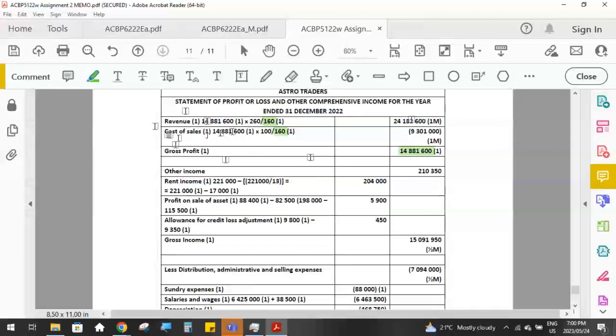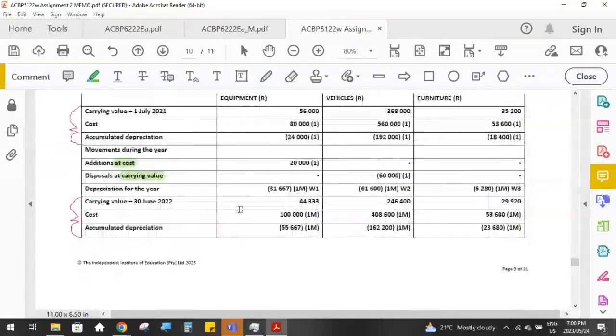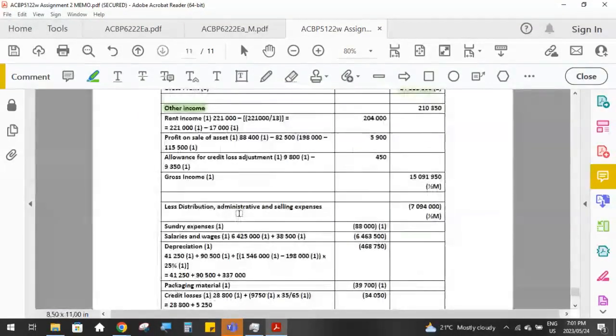Then always after gross profit, which is revenue minus cost of sales equals gross profit, the next section in our statement of P&L is other income. So then you must always go through and have a look at your TB. Okay, I'm not going all the way up there now. What other incomes did we earn? So here we had rent income, we had profit on the sale of the vehicle, and we had a credit of 450 to that allowance for credit loss adjustment for credit losses account.